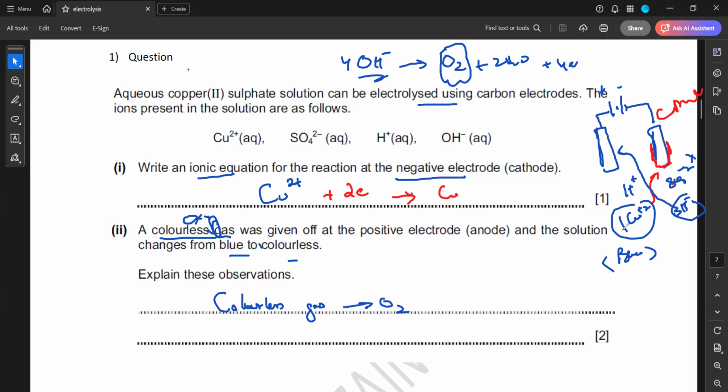But as the amount of copper ion is decreasing in the solution, that's why it changes from blue to colorless. So the reason for the change in color from blue to colorless is the decrease in concentration of copper ions. That's why the solution is changing to colorless.